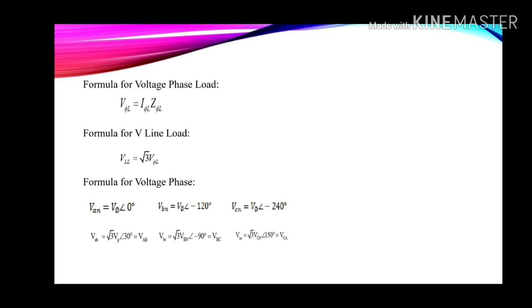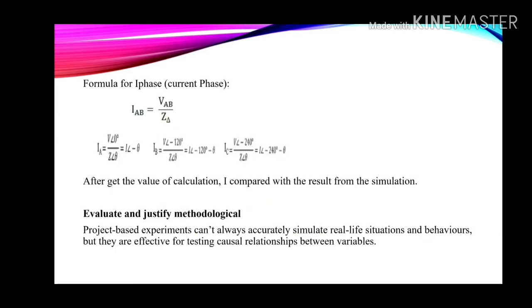Formula for voltage phase, VAN, VBN, VCN, as we can see in the slide. Formula for current phase, IAB equal to VAB over Z total. After getting the values from calculation, I compare with the result from the simulation.